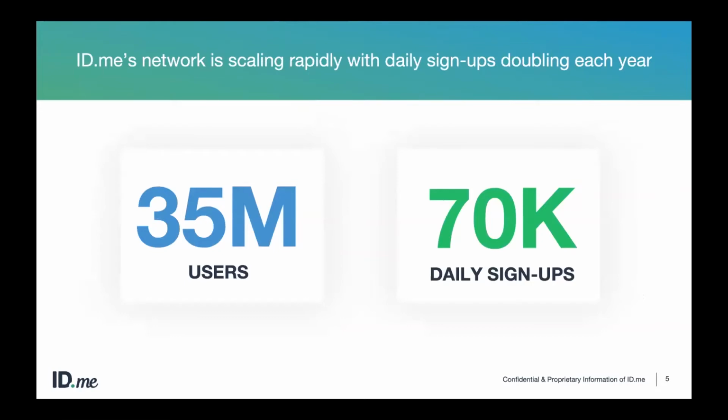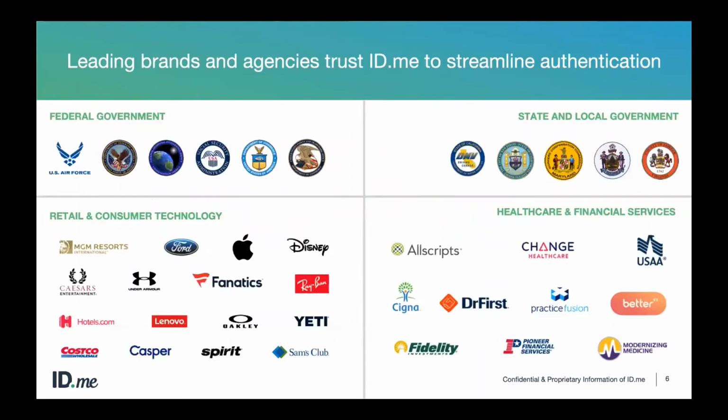And this just shows that not only are partners looking for a solution to make it easier for their users to verify, but it's also receptive among the US citizens. So with growth that exciting and that fast, it's great to see it really taking off from an end user perspective as well.